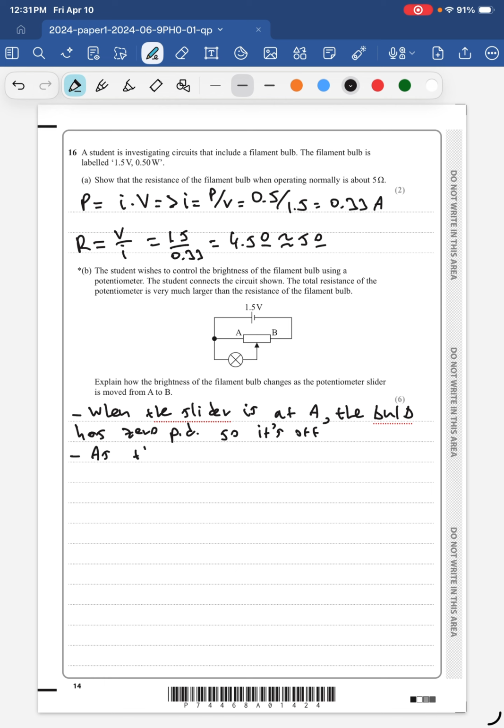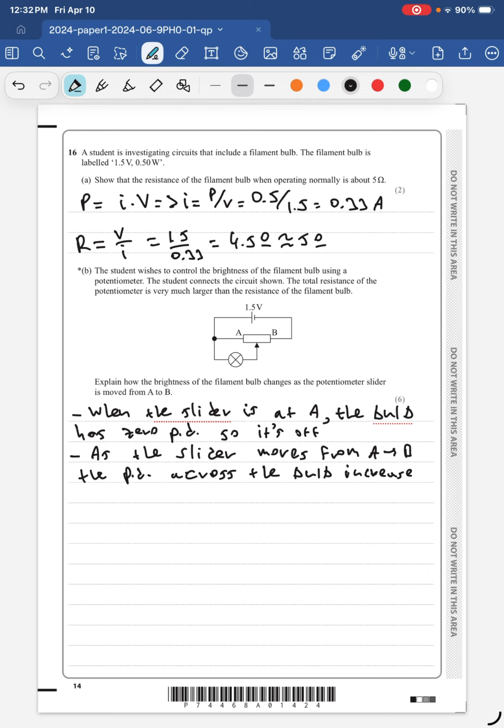As the slider moves from A to B, the potential difference across the bulb increases.